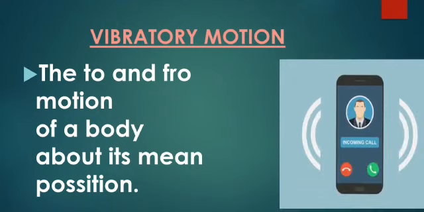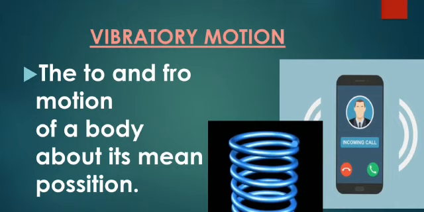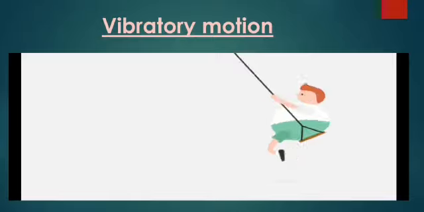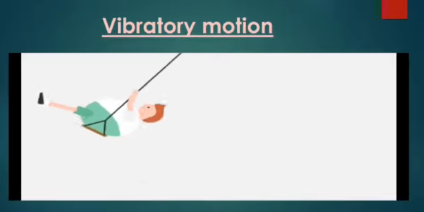An example of vibratory motion can be the vibration of your mobile phone, which is a very common example. The next example can be the motion of a spring. As you apply some force on the spring, it vibrates with a back and forth motion. Another example of vibratory motion can be the motion of a swing.